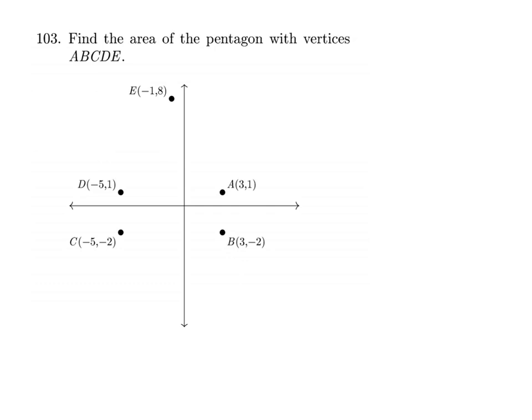All right, find the area of the pentagon with vertices A, B, C, D, E. Okay, here's the pentagon. The pentagon consists of a triangle and a rectangle. The area of the rectangle is what? 3 times 8, 24.